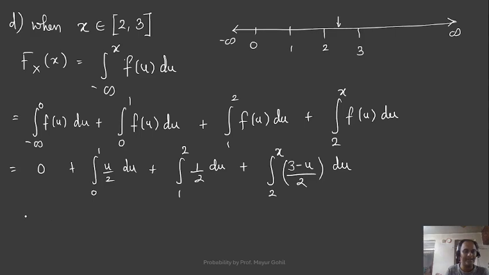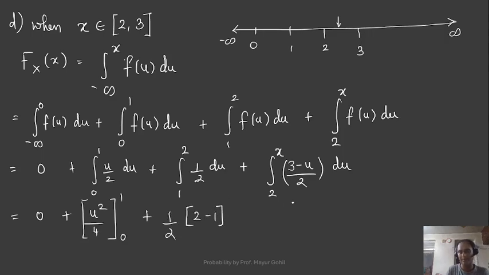Now let us integrate this. For the first portion we have 0. Here it's going to be u square by 4 from 0 to 1. Here it is half, and it's basically 2 minus 1, right?